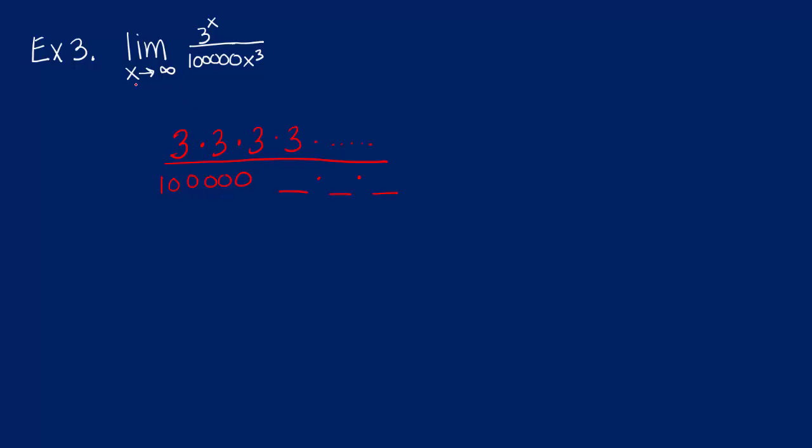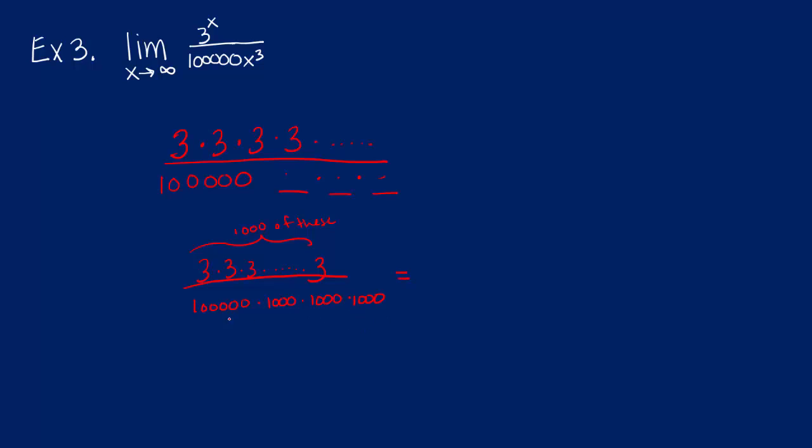But remember, we're going out here to infinity. I'm looking at a whole bunch of these 3s, right? Let's take an example. Let's say I went out to 1,000, right? 3 times 3 times 3 times 3 all the way, and there'd be 1,000 of these, over 100,000 times 1,000 times 1,000 times 1,000.